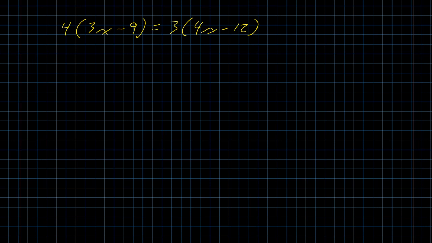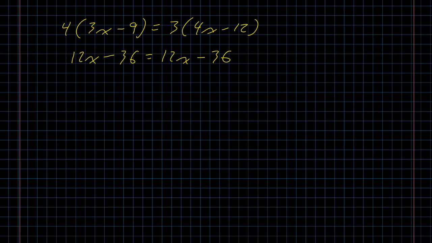So if I take a look at 4 times the quantity 3x minus 9 equals 3 times the quantity 4x minus 12, and I again use the distributive property to clear up things on the left and right side of the equation. 4 times 3x is 12x. 4 times minus 9 is minus 36. 3 times 4x is 12x. 3 times minus 12 is minus 36.